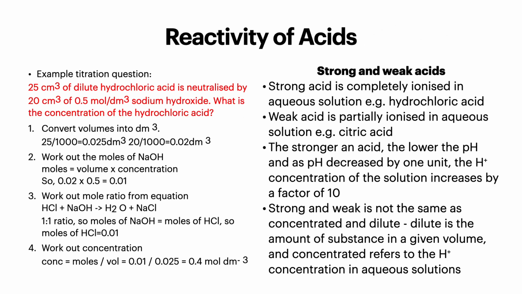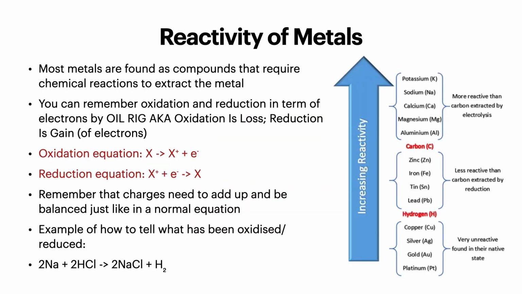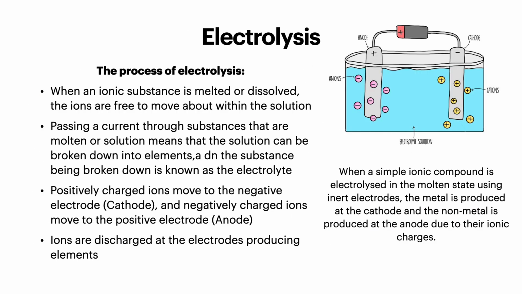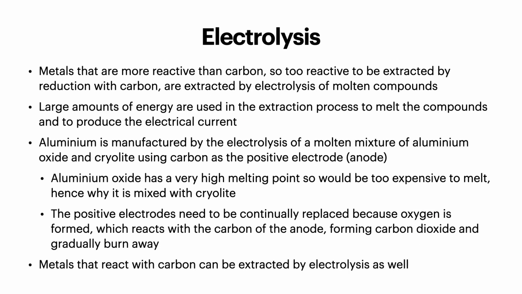And remember, we looked at the reactivity series here, so you can see the only things going through electrolysis to be extracted are anything that's more reactive than carbon. So aluminium, magnesium, calcium, sodium, potassium in this case. Then looking a little bit further, metals less reactive than carbon can be extracted by reduction with carbon.